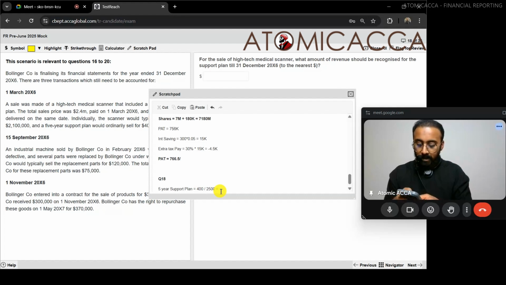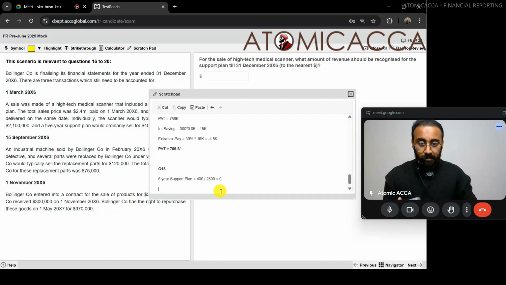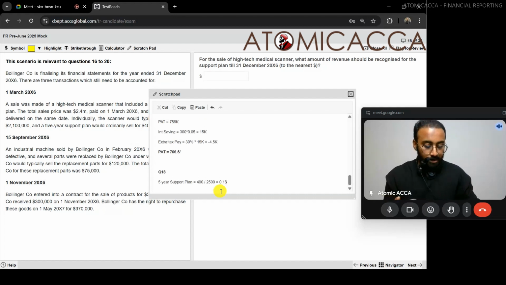That's equal to 0.16. Okay, that's the proportion. And out of that, now I have to find it out of the transaction price of 2.4 million. So 0.16 into 2,400,000 will be equal to 384,000.